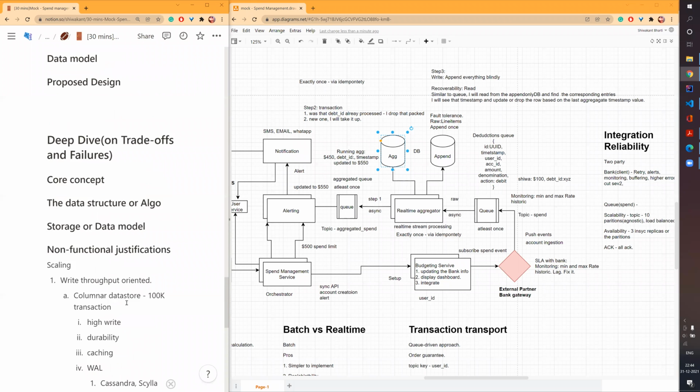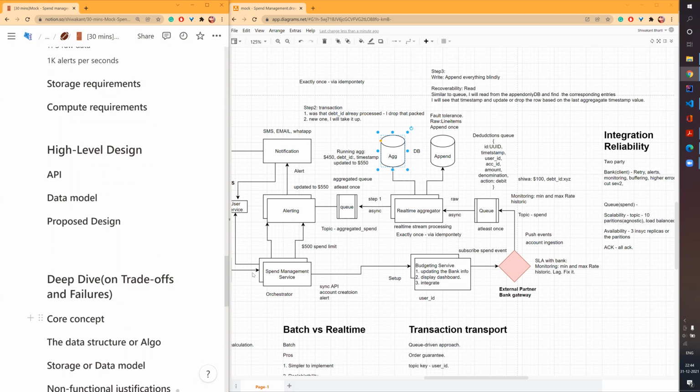So let me jump to your question. Before that, the very first thing is, all these things are at least once guarantee, right? So how do we make sure that we have almost an exactly once kind of model? What I'm thinking is that whenever a certain event comes, it will go to a certain partition.